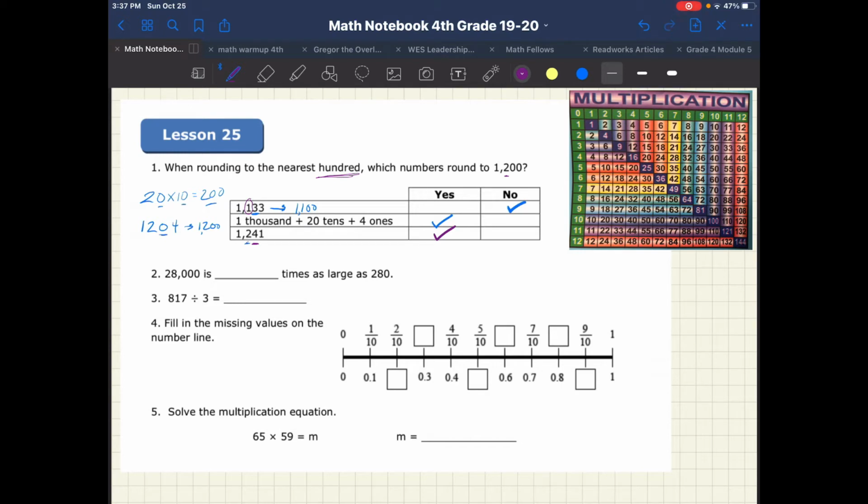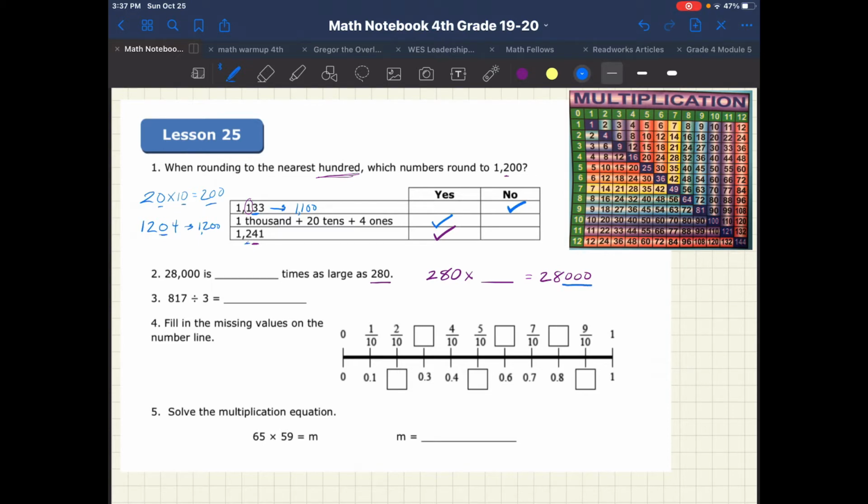Number 2, 28,000 is how many times as large as 280? We could also think of this as 28 tens. We've got 28 tens. We need to make it thousands. So we want to know times what gets us to 28,000.